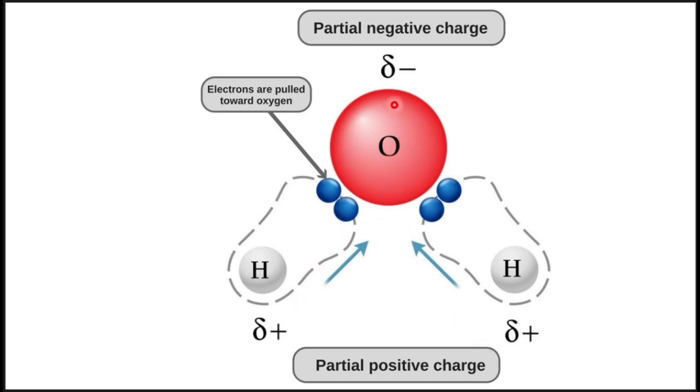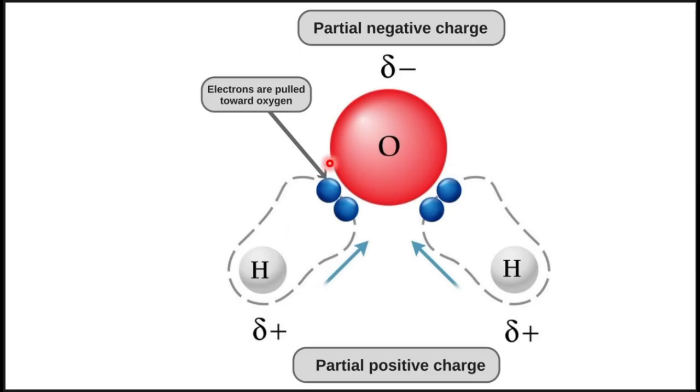Oxygen will pull the electrons towards itself. That is the meaning of electronegativity, the highest electronegativity of oxygen. So oxygen is more electronegative than hydrogen. So the electron density shifts towards oxygen, in both of these bonds.